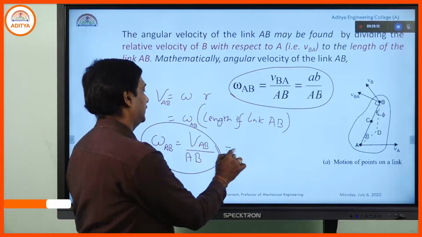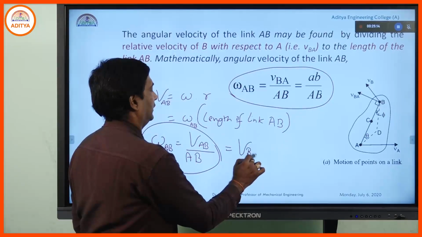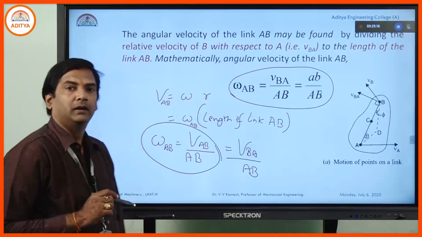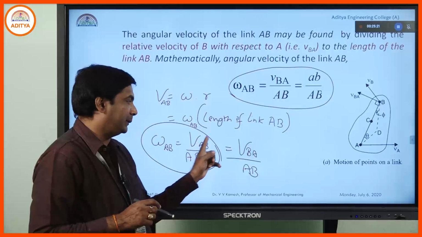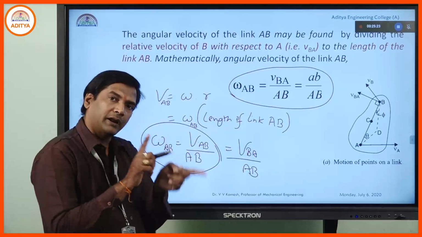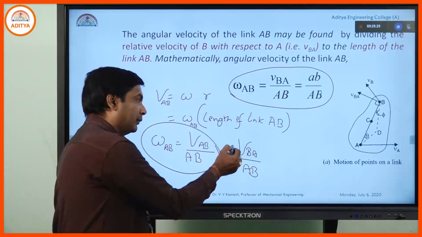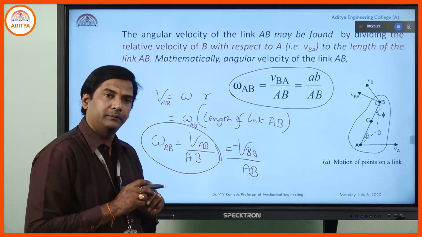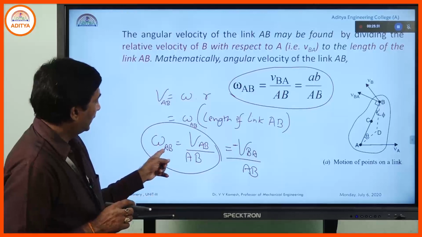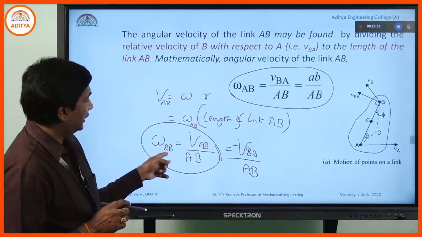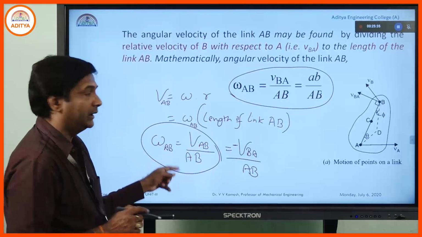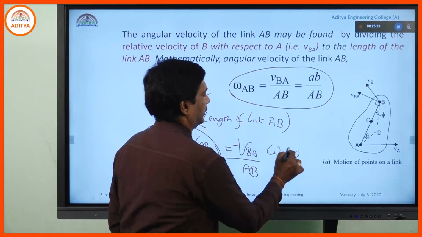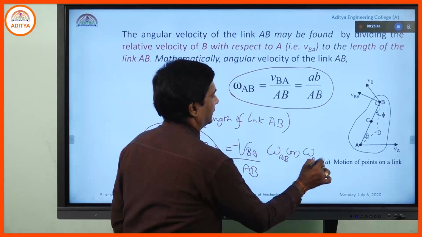Sometimes it will be written as VBA by AB. In the vector notation, VAB and VBA are reverse in direction, so the magnitude is minus VBA by AB. Now somebody may have some ambiguity: shall I represent it with omega AB or omega BA?